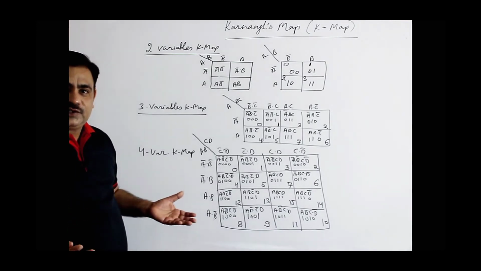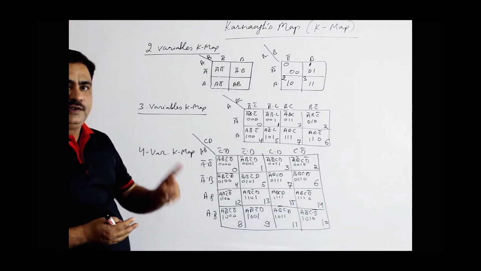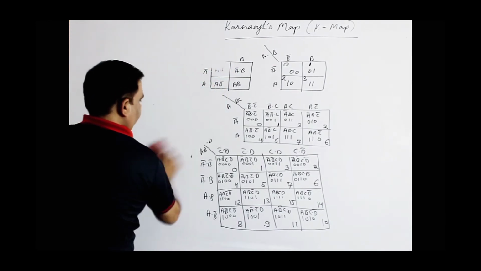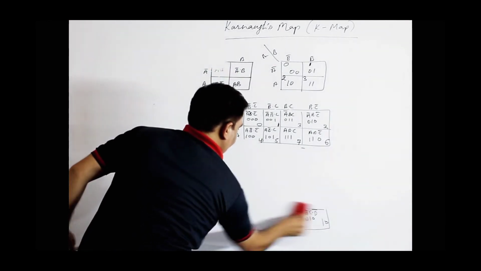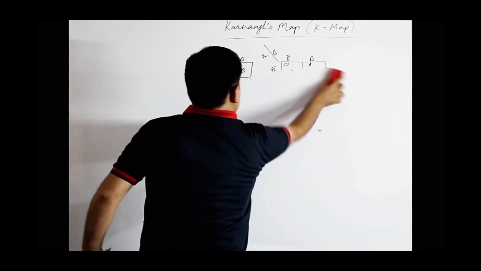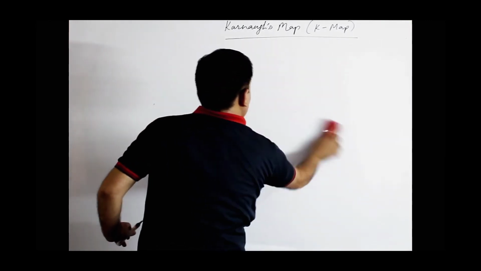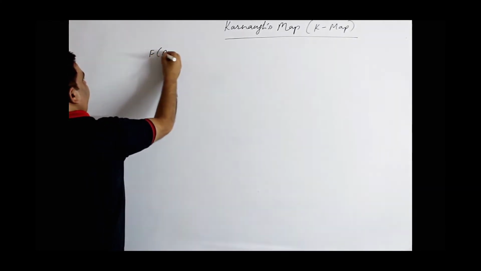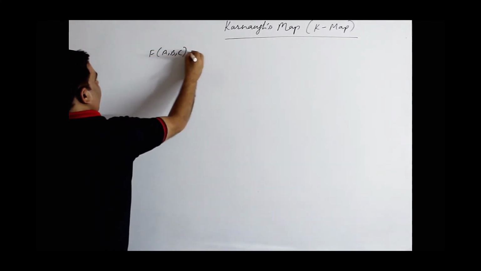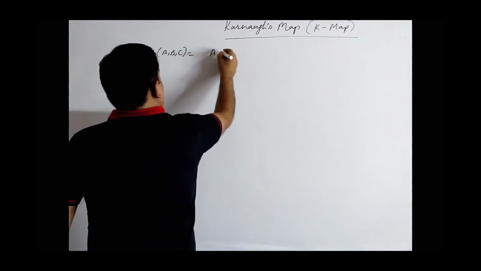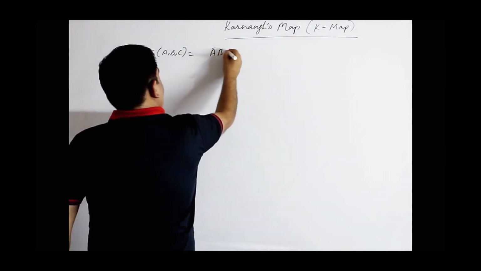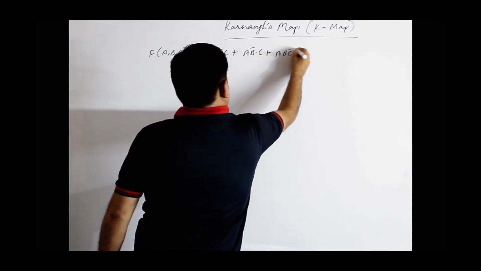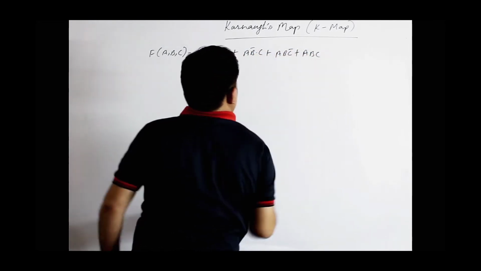Now, let us reduce some Boolean expression using K map. If one expression is here, A complement BC plus AB complement C plus ABC complement plus ABC.